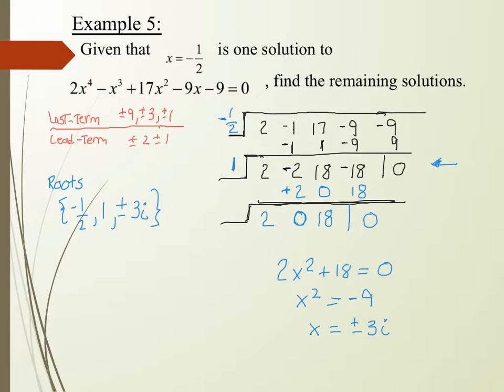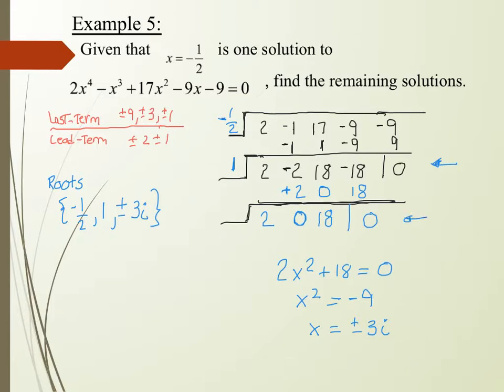Whenever we see groups of numbers together that rotate one after the other, like this one, 2, minus 2, 18, minus 18, we always try the root 1, and we divide that through. And when we do that, we bring down the 2, 1 times 2 is a plus 2, the 2's cancel, we get 0, so 1 times 0 is 0, 18 comes down, 1 times 18 is 18, and we can see that the remainder is 0.